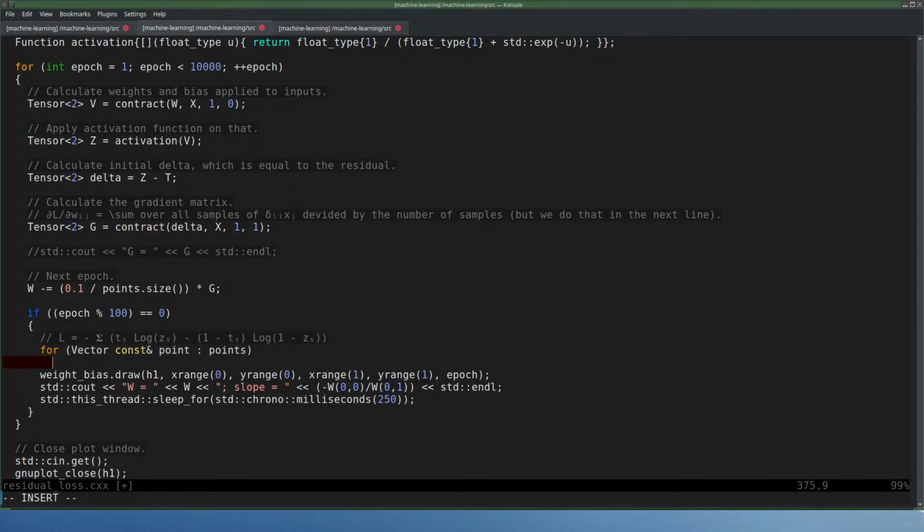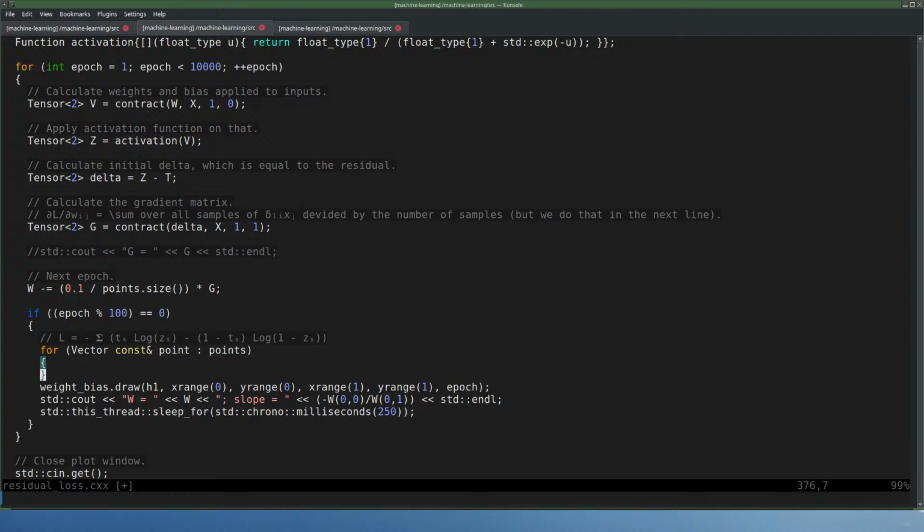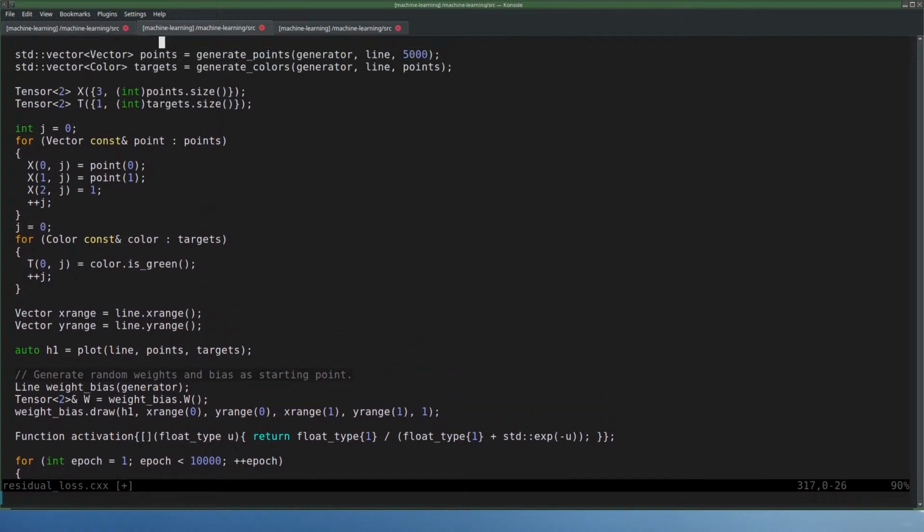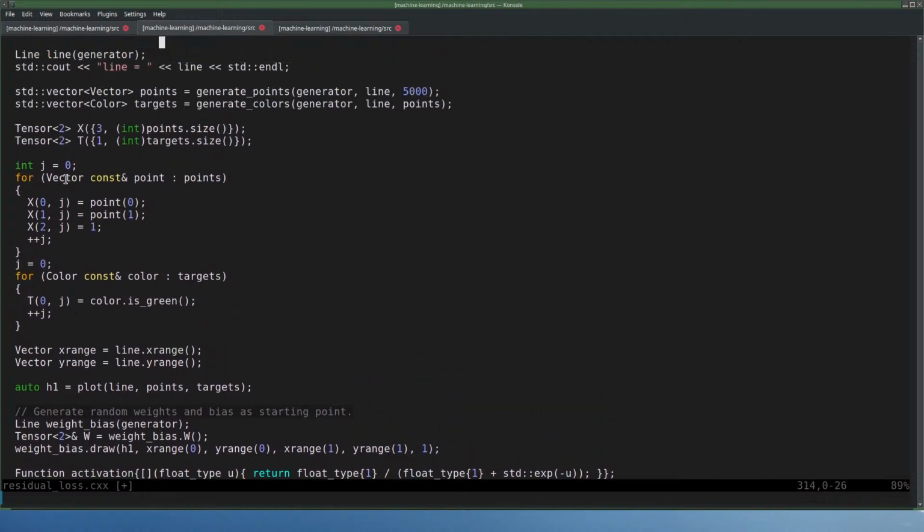Do the same thing. I need access to both the vector, the points, and the target. So let's just run over j. I don't know why I use j now, probably because i is already used.